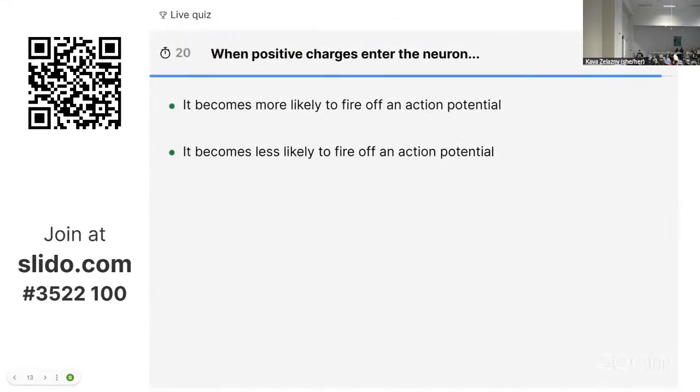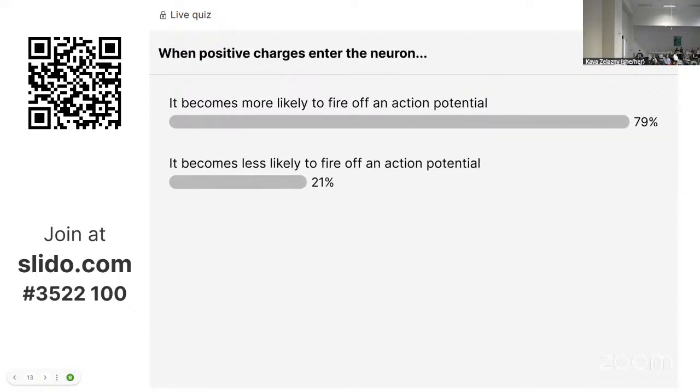Okay, so next, when we have our positive charges entering a neuron, what's going to happen? Is it going to be more or less likely to fire an action potential? Great.